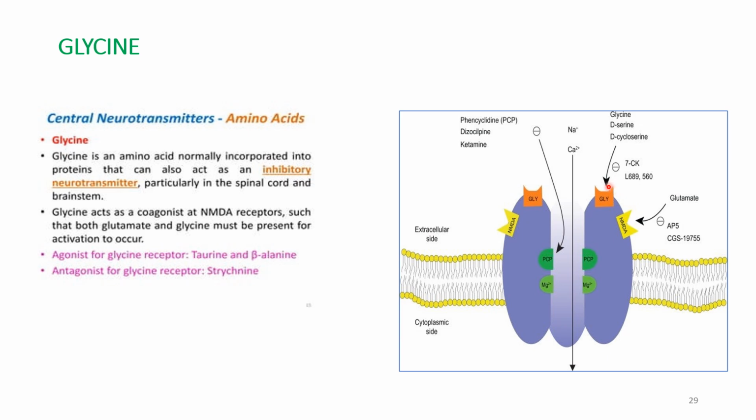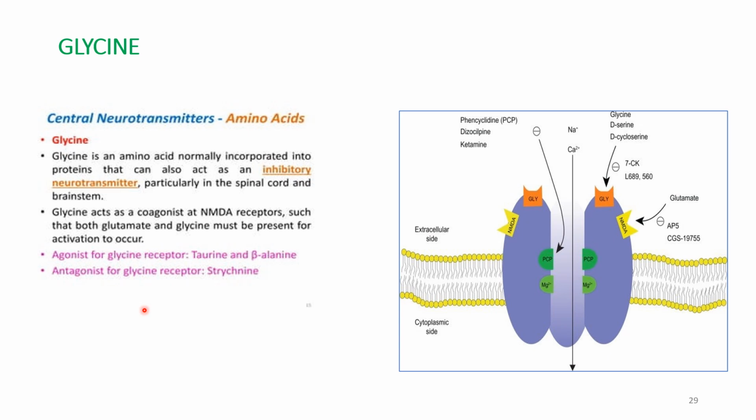So it is essential for the activation to occur by glutamate. So glycine has inhibitory as well as excitatory effects. It acts as an inhibitory neurotransmitter, particularly in the gray matter of the spinal cord and brainstem.